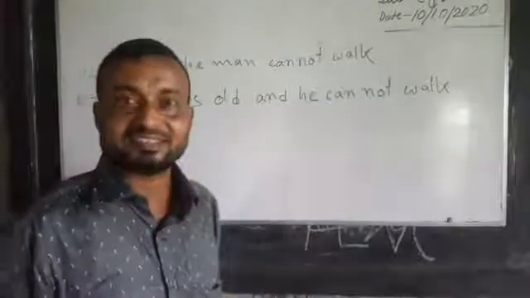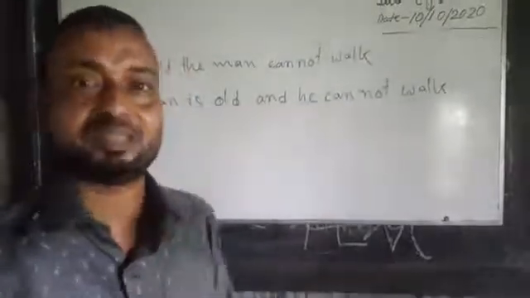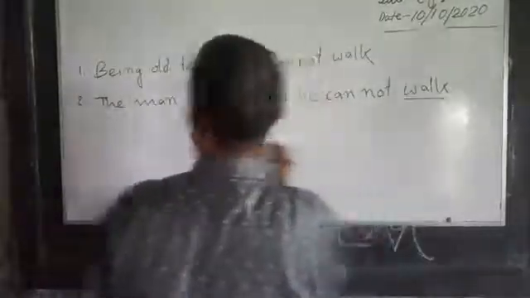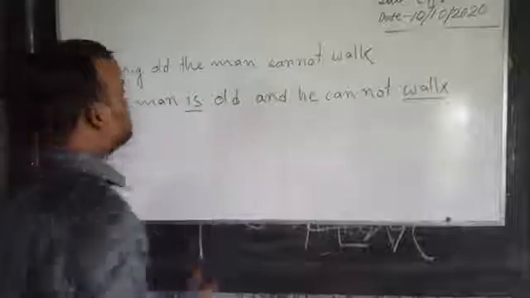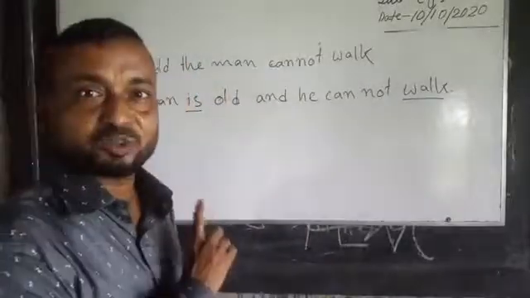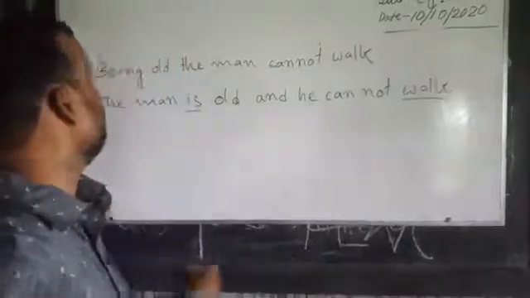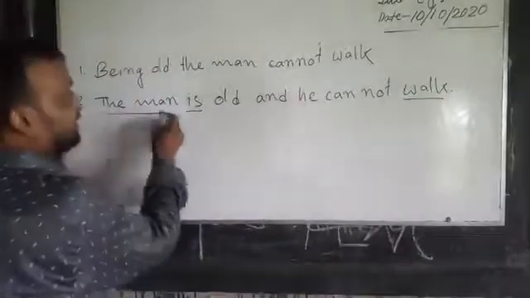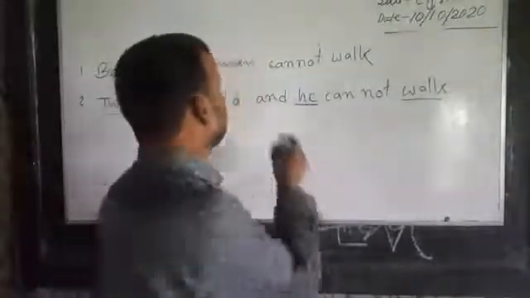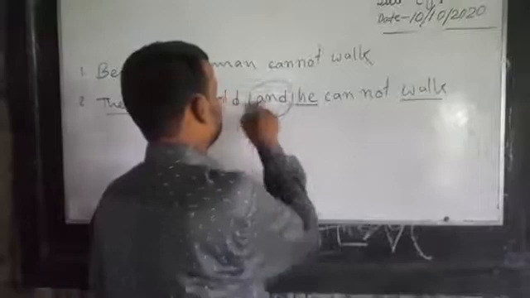And the second one: the man is old and he cannot walk. In the second sentence there are two verbs, is and walk, and two subjects, the man and he. And here is a connector.